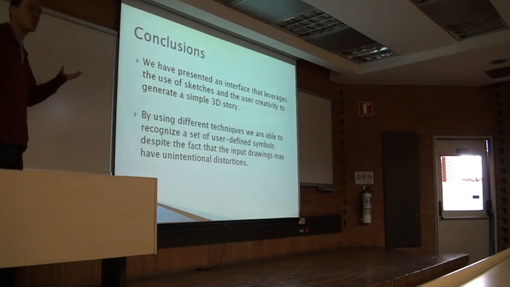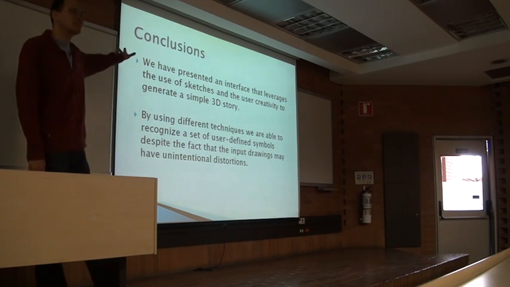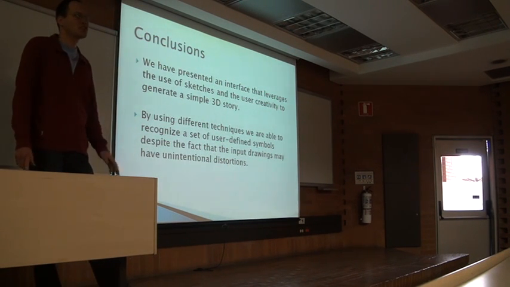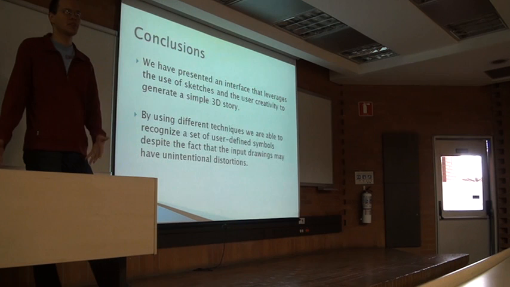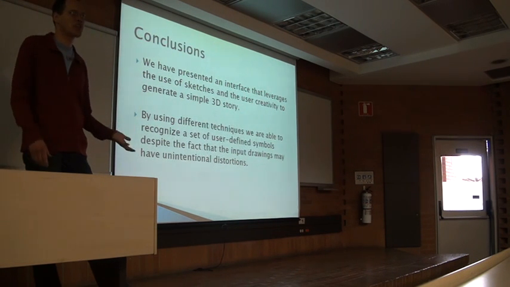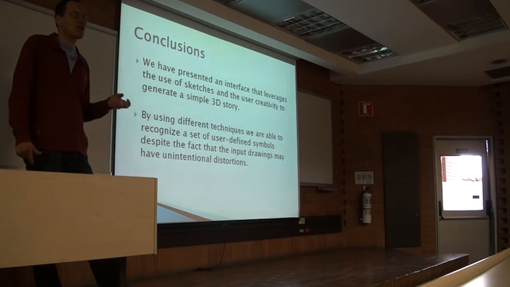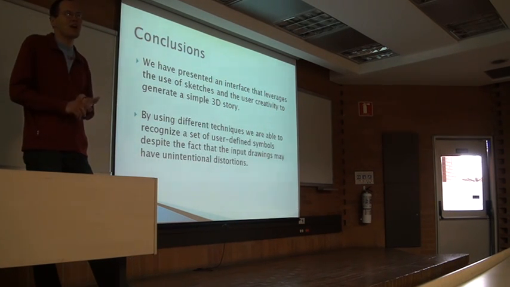Well, from the conclusions, the first one, and it's not here, is that maybe children are not the correct public for this kind of work. We are targeting children of 4 or 5 years, and actually those children cannot get all the value of the interface.